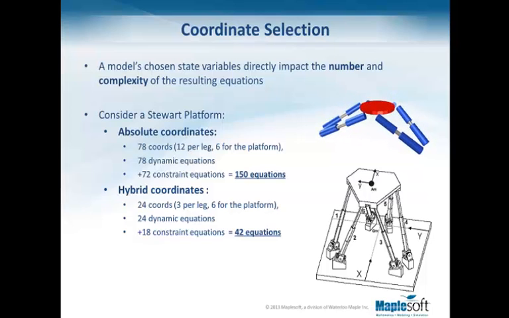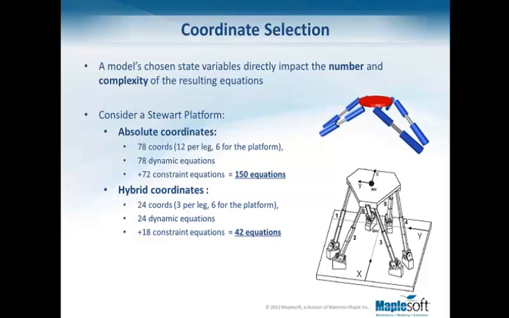As an example, if we wanted to model the Stewart platform and we chose absolute coordinates for the entire system, we will have to deal with 78 coordinates, which comes from 12 coordinates per each leg, and also 6 for the platform.